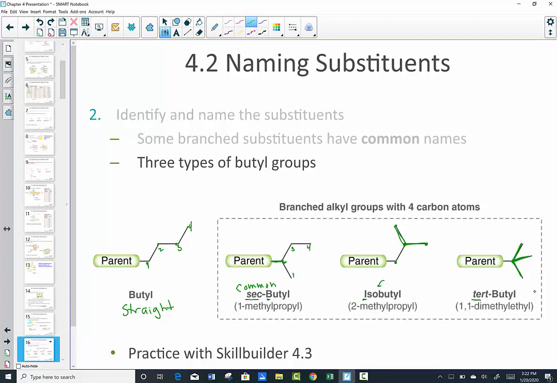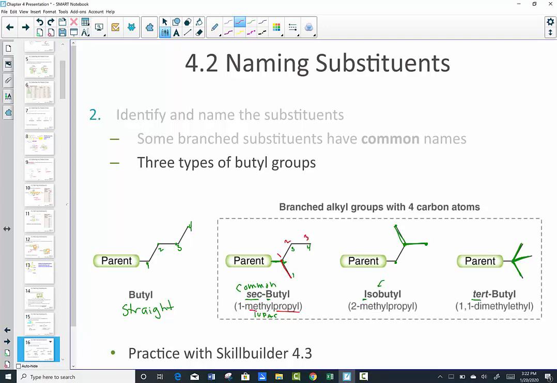Those are the common names. Notice there are IUPAC names written underneath. Find the longest parent chain and assign it a substituent branch. Sec-butyl would be known as 1-methyl-propyl. That means the longest carbon chain is propyl, and off of carbon 1 is a 1-carbon branch.